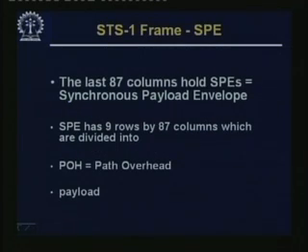Now, the synchronous payload envelope or SPE that I was talking about is in the other 87 columns. This holds the SPEs. So, SPE has 9 rows by 87 columns, which are divided into path overhead and payload, which means that the path overhead goes along with the envelope in the SPE, whereas other overheads have separate columns associated with them as shown.